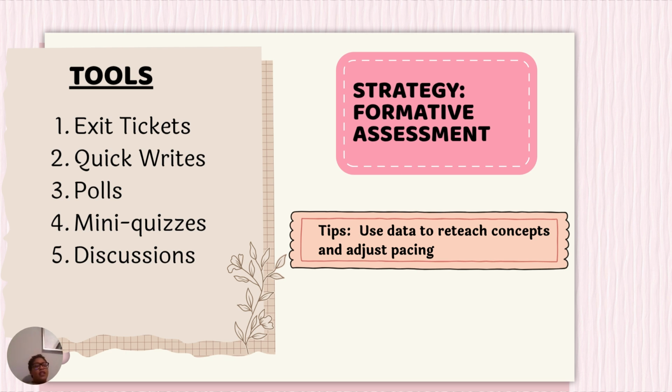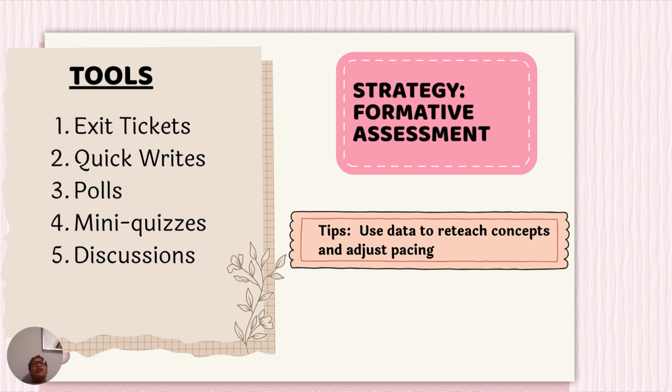And the purpose of formative assessments is to guide instruction and provide feedback in real time. So, how do you know your students understand? Well, you have them complete an exit ticket, you have them do a quick write, you have a poll, you do a mini quiz, you do a discussion, but all those things happen in real time.